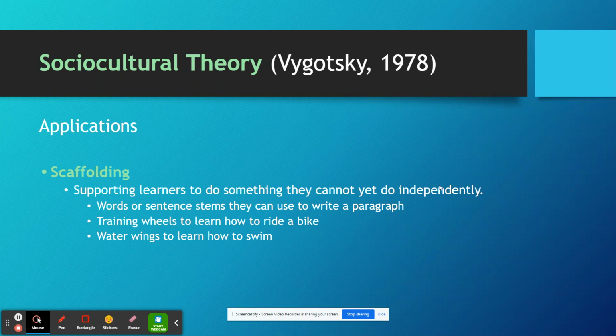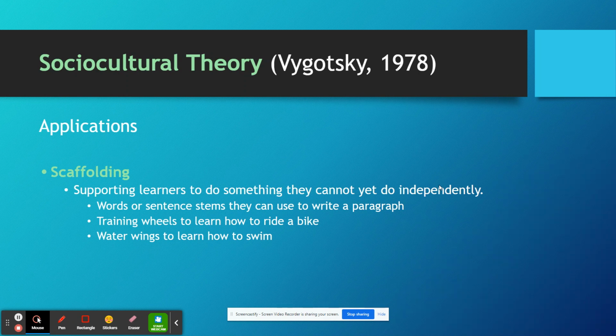The idea is that it helps the learner complete the task, but the learner will eventually be able to write the paragraph without the support, if he does it enough times with the teacher. It's not such a lofty concept. It's just common sense. I mean, it's scaffolding and Vygotsky, it sounds really big, right?